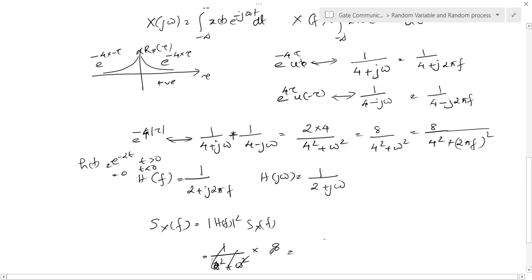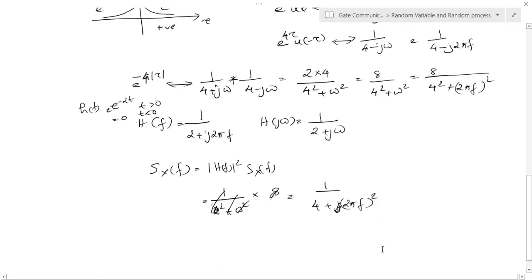It's simply 1 by 4 plus j 2 pi f the whole square. If we take the modulus, and the second term is simply 8 by 4 square plus 2 pi f the whole square. So we got Sy of f.